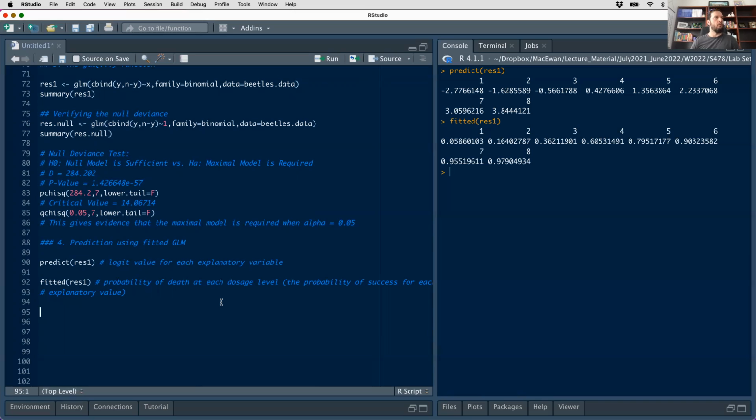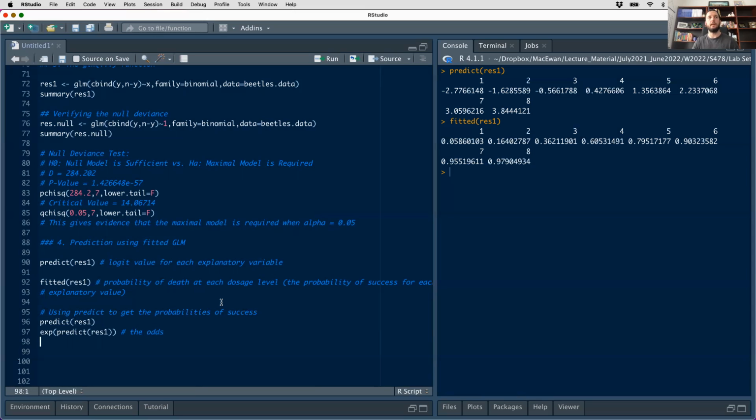Right? Now, from predict, we can also arrive at the fitted value. To show you the relationship between the two, we know that predict is the logit value score. So if we take EXP of predict, this is going to give us the odds.